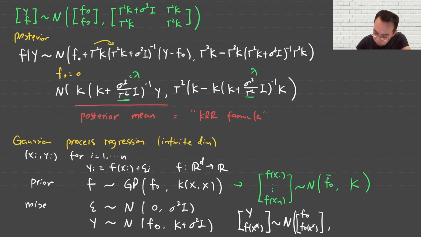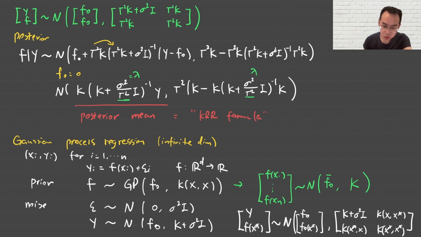The variance will be, for the first term, the same: K plus sigma squared I. Then in here we'll have K x star, and then we'll have K x star x, and then K x star x star. So that's going to be the joint distribution between y and any evaluation point x star.